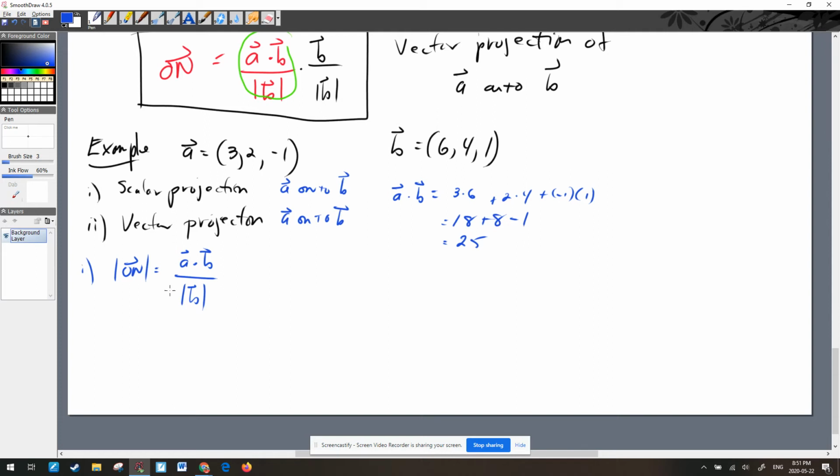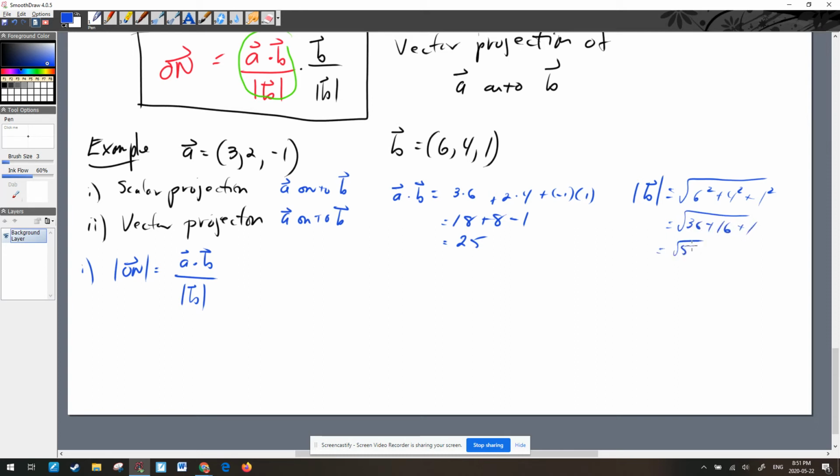Lovely. I can see that I'm going to need the magnitude of B. Well, that is basically just the big application of the Pythagorean theorem in the grand scheme. And so it's going to be the root of 6 squared plus 4 squared plus 1 squared. So that's going to be the root of 36 plus 16 plus 1, which is 53.